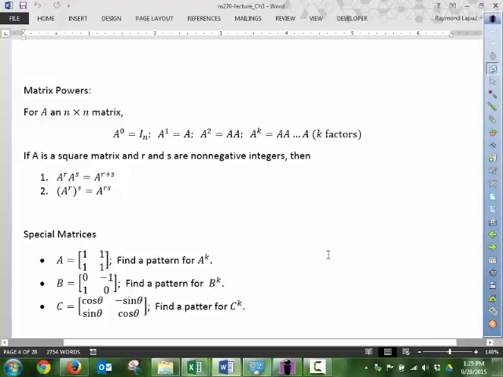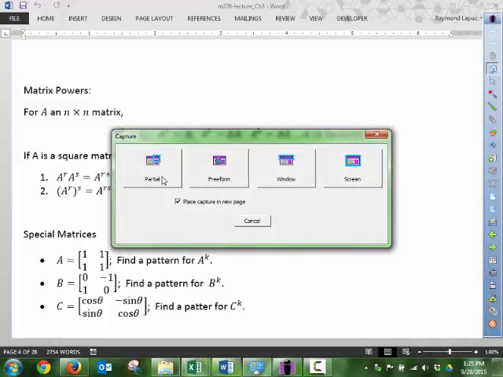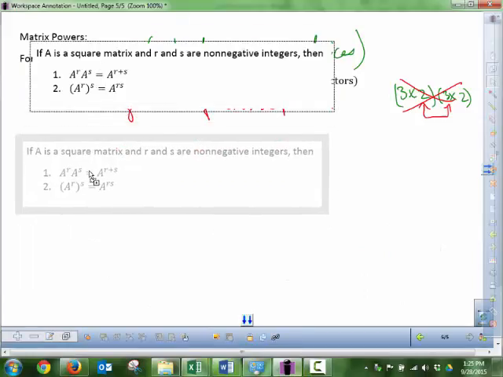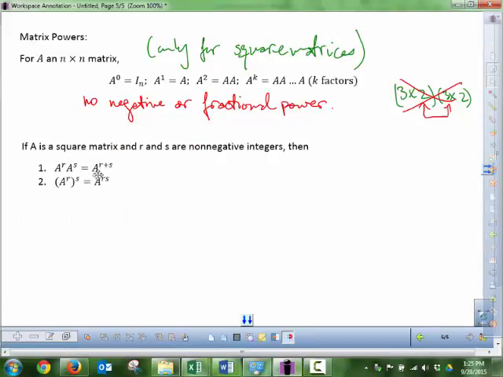And so coming along with that are some basic properties, which is the same properties that we've seen for exponents for real numbers, and that is if you're multiplying a raised to the r power, a raised to the s power, it's the same thing as adding these things.